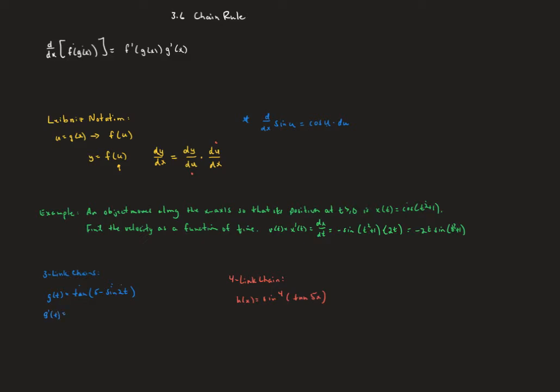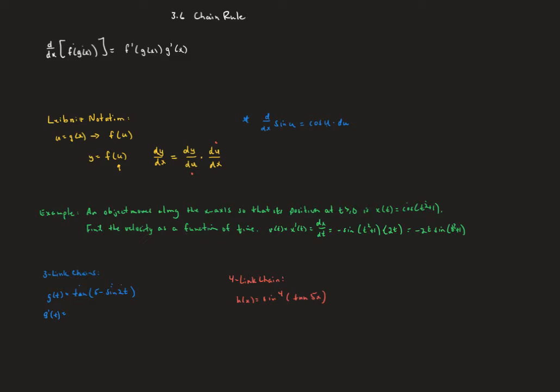So g prime of t will first differentiate the outermost function. I tried to use the example of an M&M with peanuts, where you were going to eat away the candy coating first, leaving the chocolate and the peanut alone, and then you'll eat away the chocolate, leaving the peanut, and then get to the peanut at the very end.